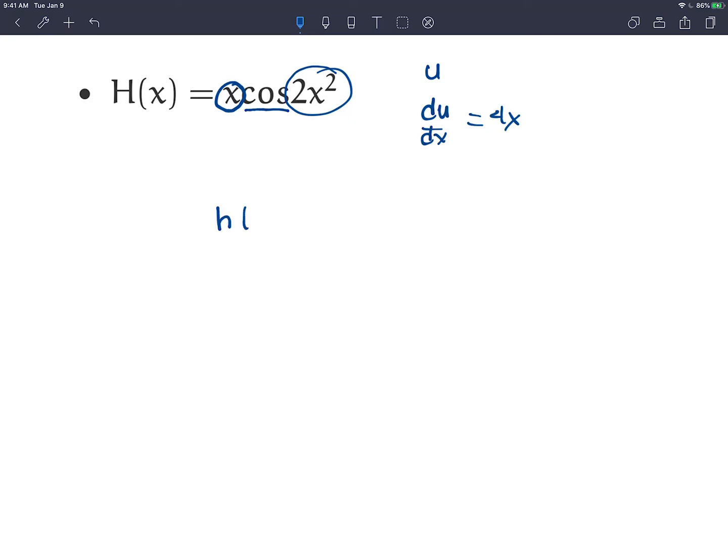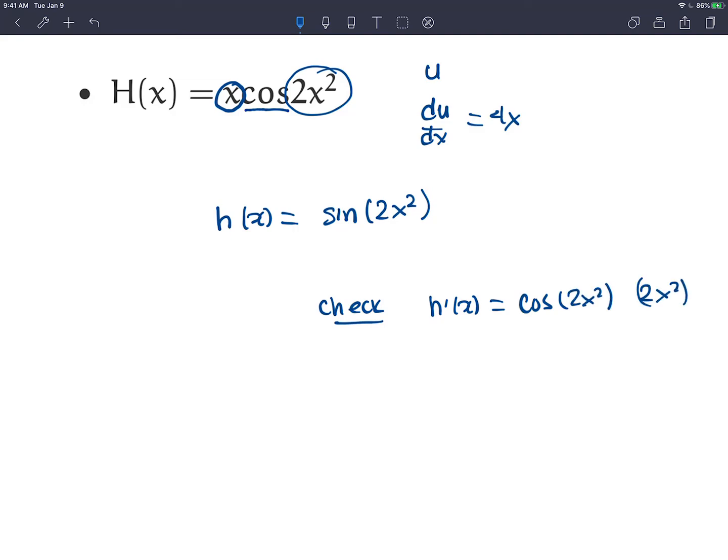My candidate h of x would be sine, whose derivative is a positive cosine, and it has to be the same argument, 2x squared. Let me check what's happening. The derivative of h of x would be the cosine at the same argument, but then times the derivative of that because of the chain rule. So this becomes a 4x.